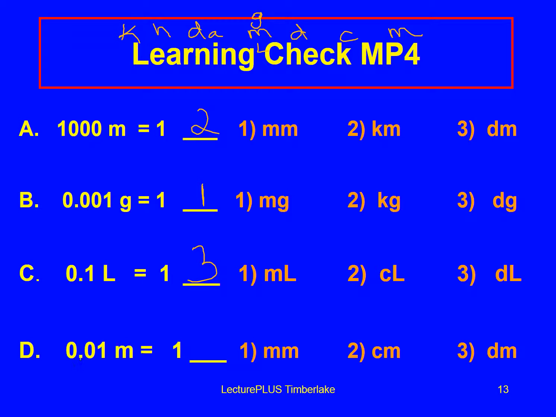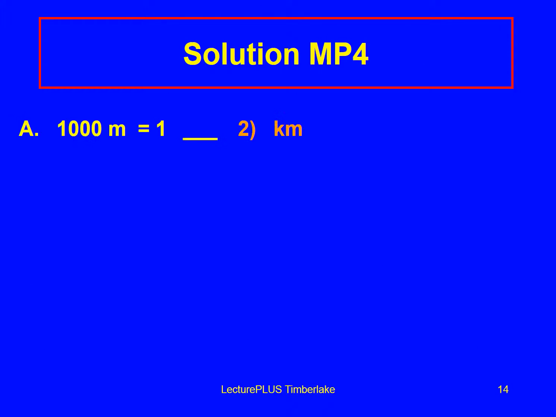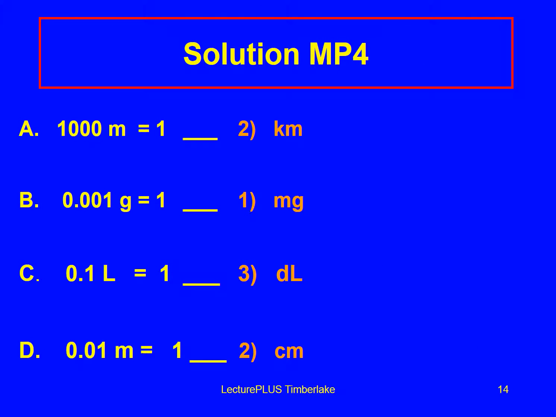This one I have to move my decimal once, twice to get it into the 1 spot. Notice my decimal is right here. So I moved it twice. I was at liters. I'm sorry, I was at meters rather. Moved it once, twice, and that would be number 2. Hopefully I got those right.